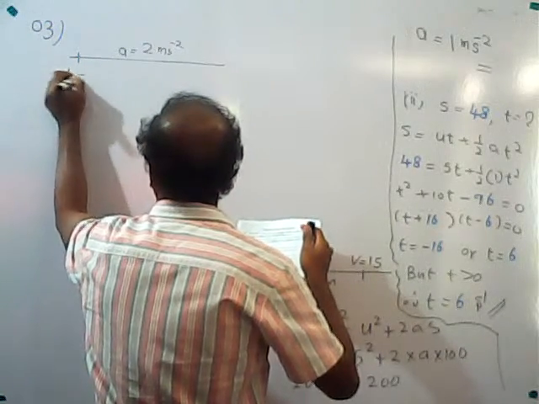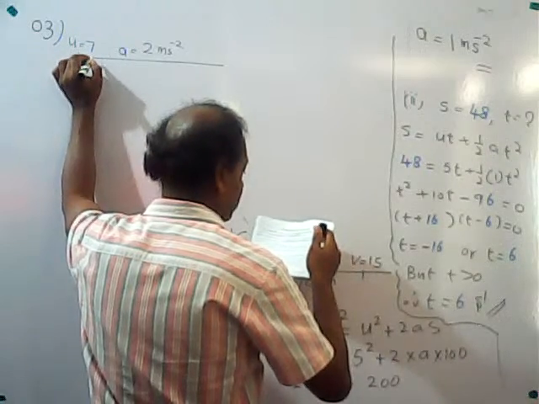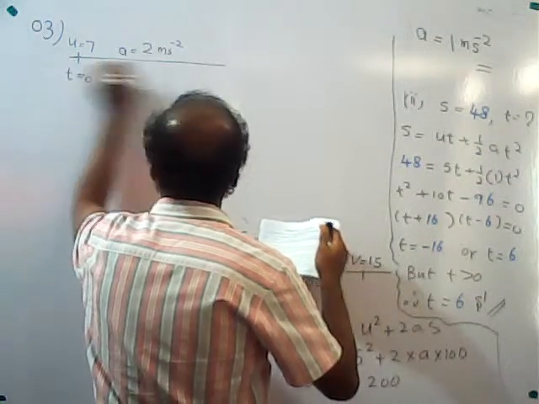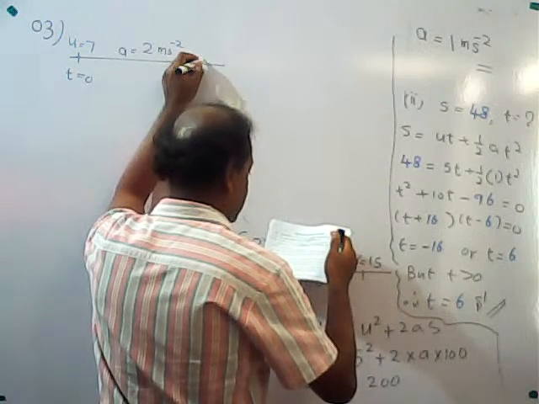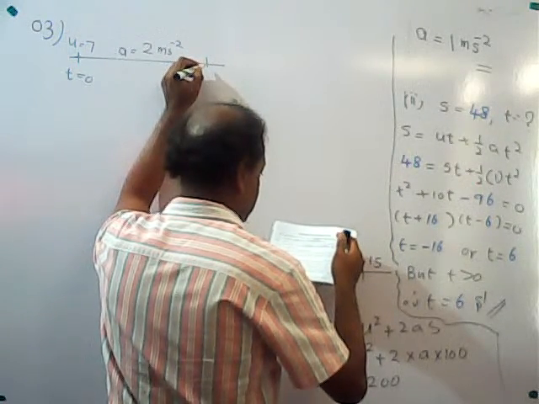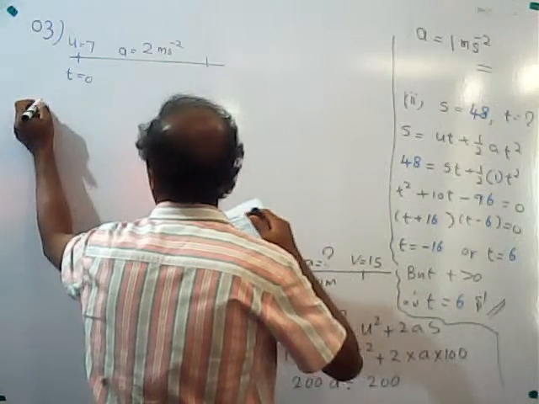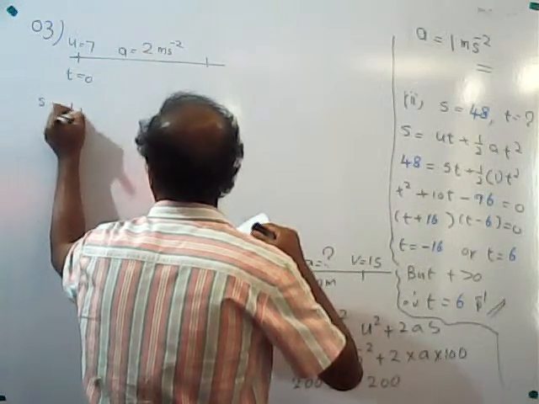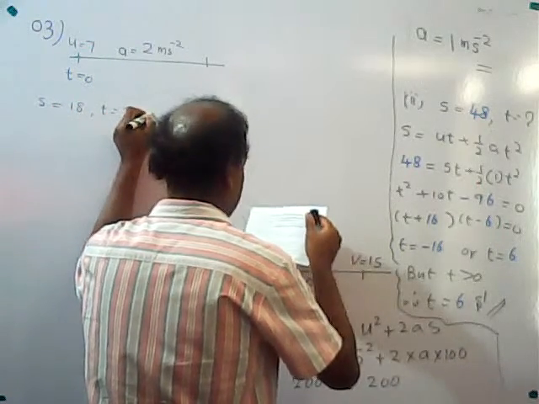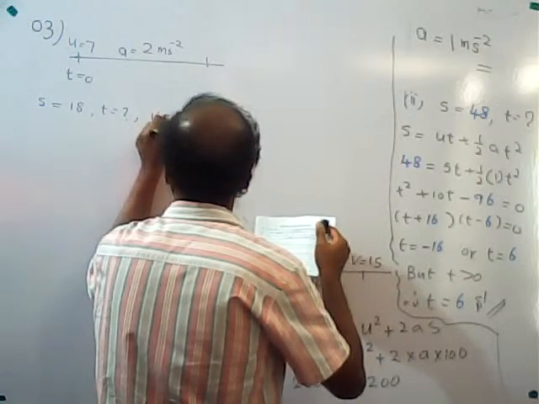So t equals 0, u is 7 ms minus 1. Find the time it needs to travel a distance 18 meters. They are given S equals 18 to find the time, and also the speed, or it has to be the velocity.